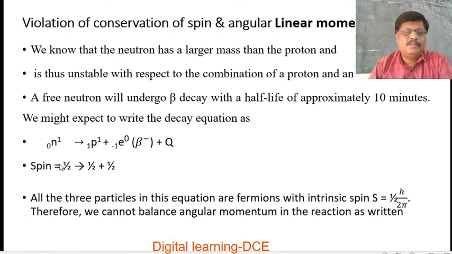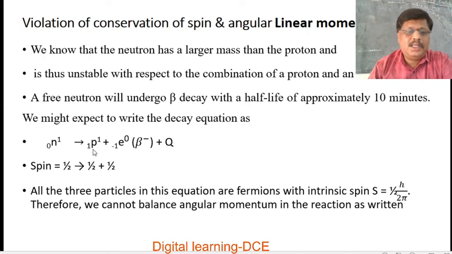So here, on the right side of the equation, the spin of the proton and electron, half plus half, becomes 1. If the spin is half minus half, it is 0. So the total spin of the proton and the electron may be 0 or 1.